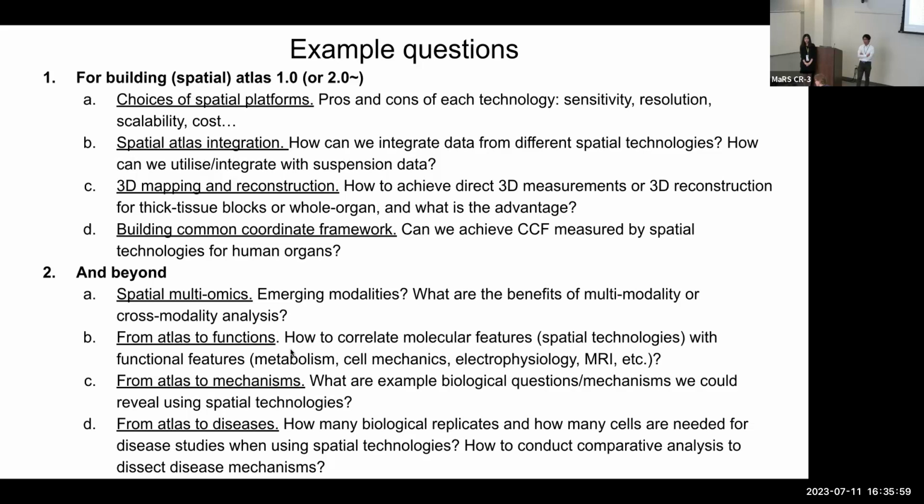Yeah, so I guess with that, we can also briefly mention this atlas integration thing, right? Although it's still hard to use one experiment to measure everything all at once, it's potentially possible to take the same sample and cut it into different chunks. One slice could be spatial transcriptomics plus protein imaging.